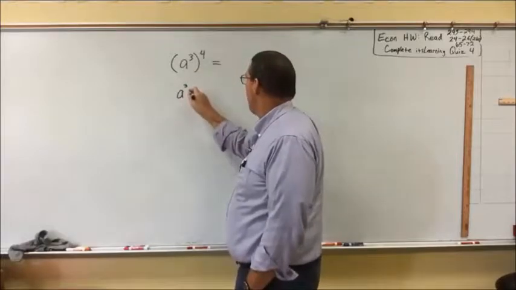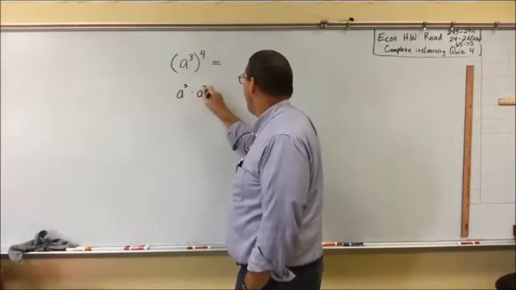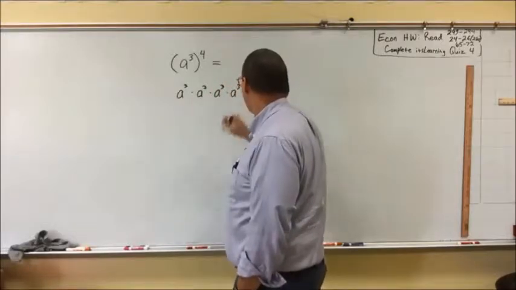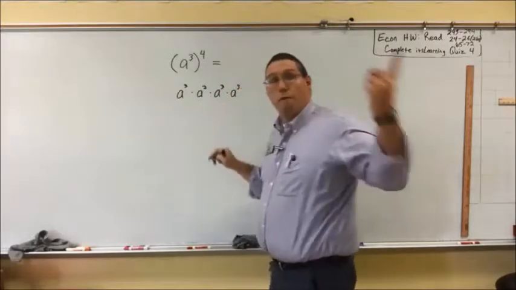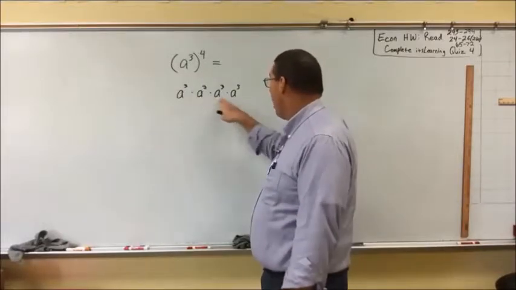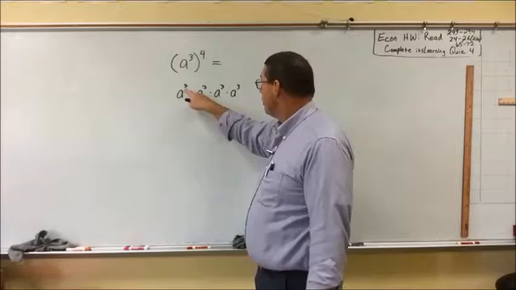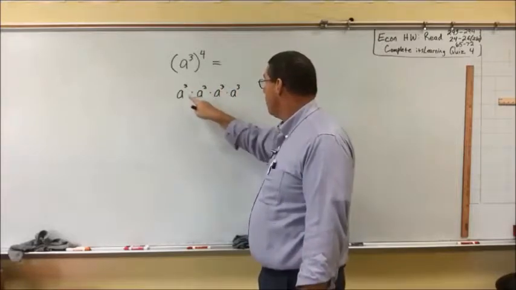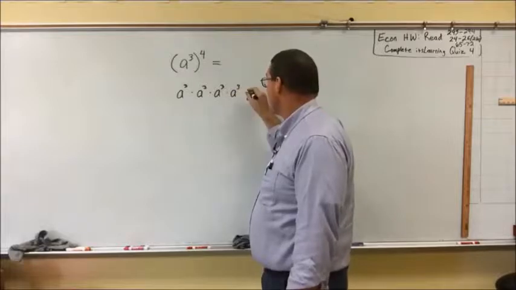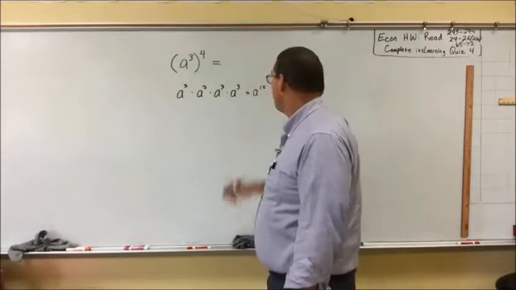So we have a to the 3rd power times a to the 3rd power times a to the 3rd power times a to the 3rd power. Now, if we go back to our first rule, we now have 4 common bases. So we really should just add up all the exponents. 3 plus 3 is 6, plus 3 is 9, plus 3 is 12. So this should be a to the 12th power.